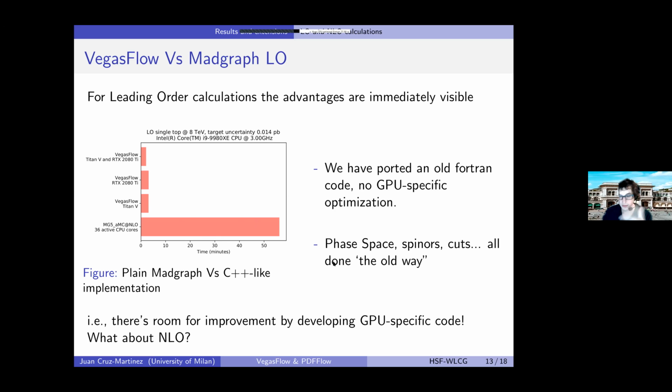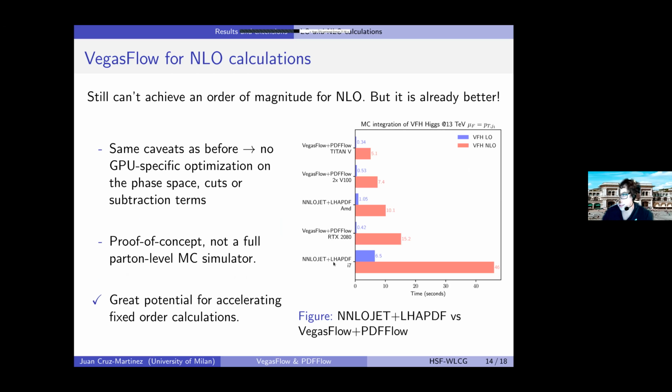So once we were able to do it with leading order, we tried as well with next to leading order calculations. For this, we used a vector boson fusion Higgs production calculation at next to leading order. So it's not very complicated, so the diagrams can be dealt with by hand.